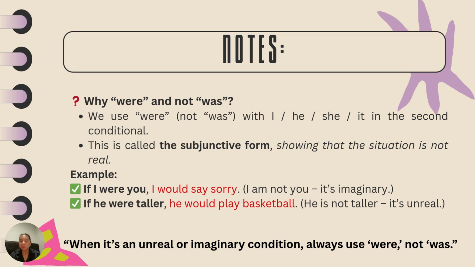Okay, remember, for second conditionals only, you use were. We call it subjunctive form, showing that the situation is not real. Example, if I were you, I would say sorry. Okay, meaning I'm not you. Yeah, it's imaginary. Another example, if he were taller, he would play basketball.